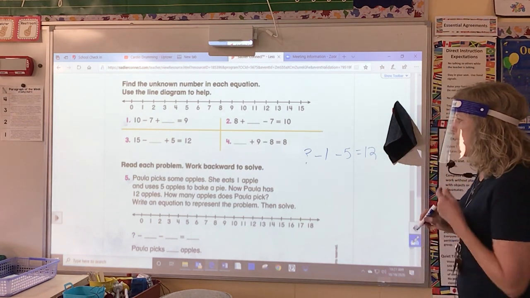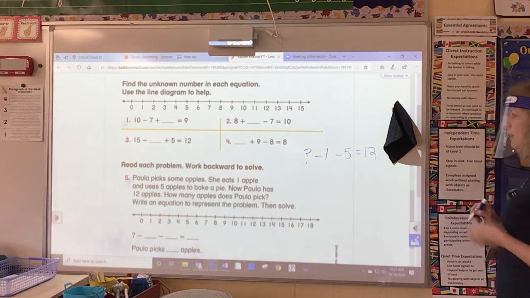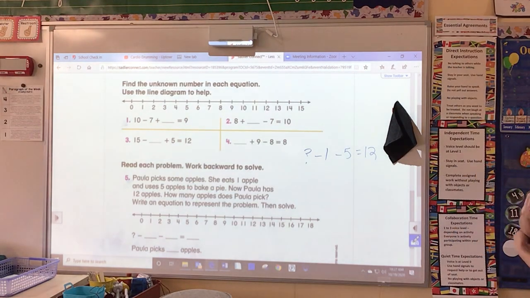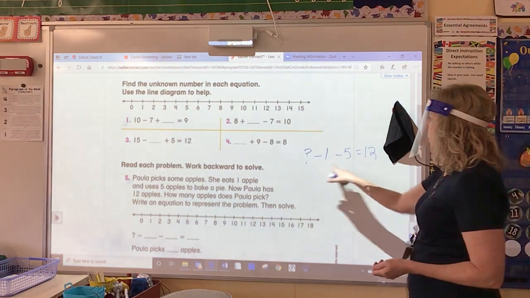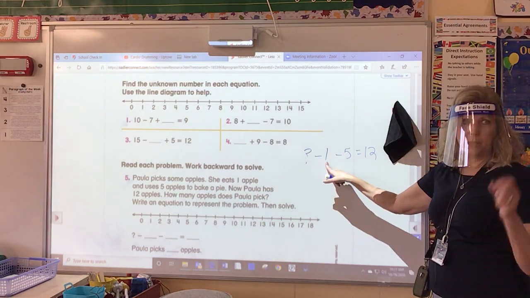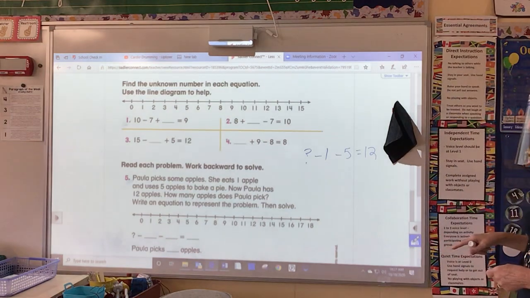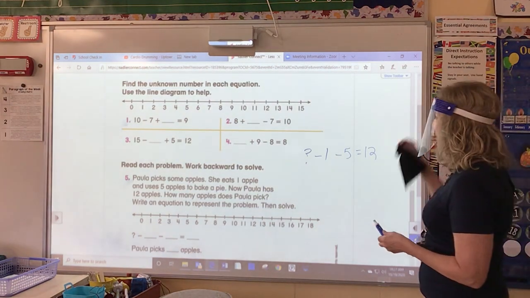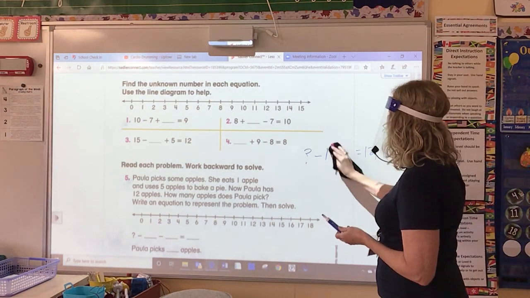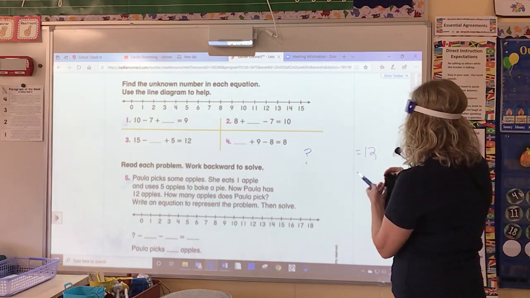How many apples does Paula pick? All right, so if we add our 5 and our 1 together, that gives us 6, right? Yeah. So let's just take that 1 and 5 and make it a 6.